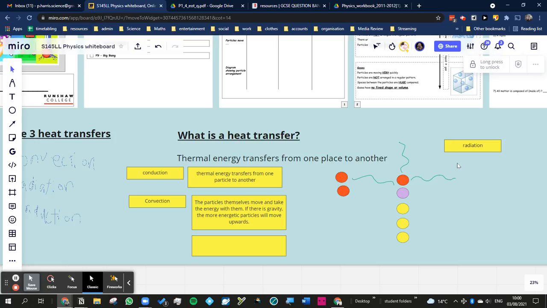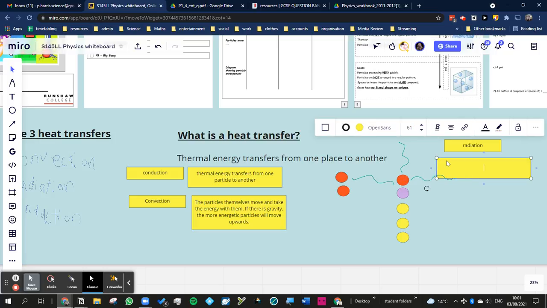So radiation is when thermal energy is transferred via electromagnetic waves.